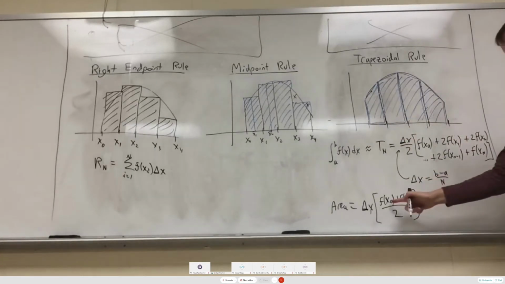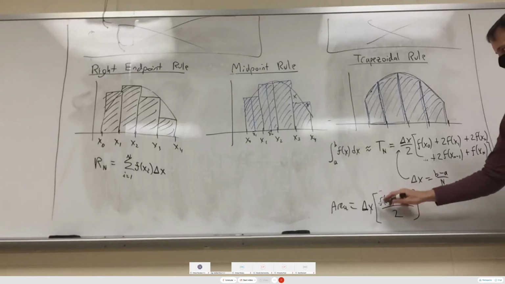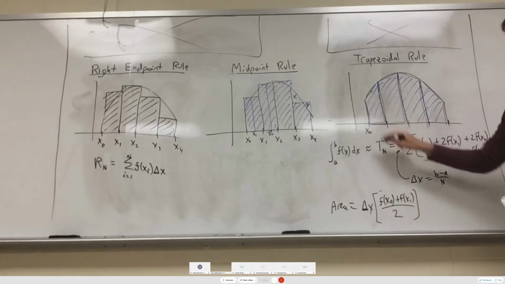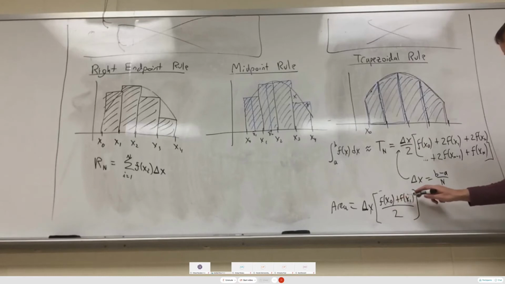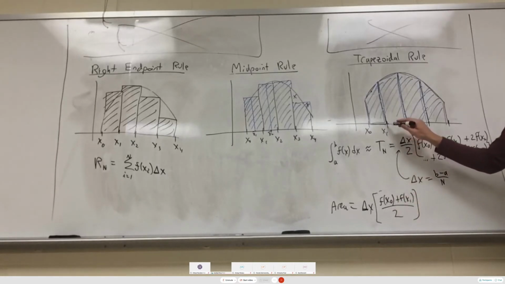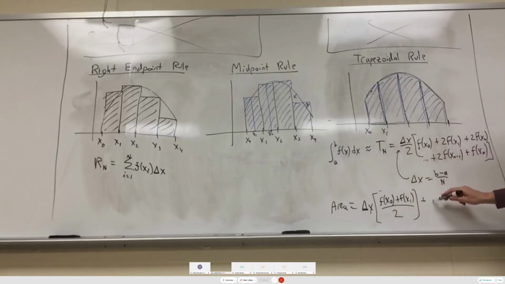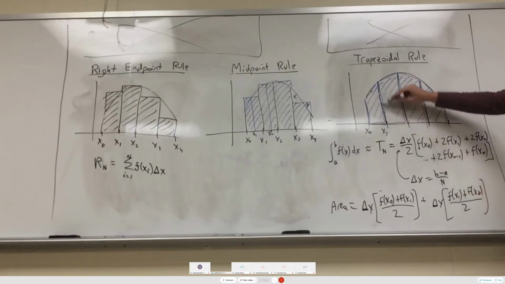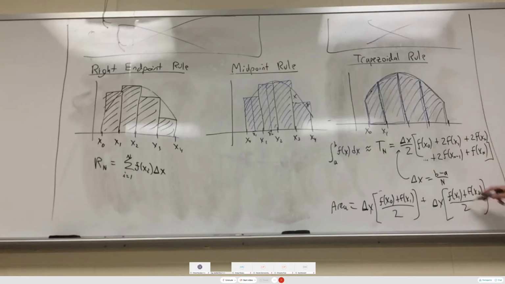Well, you'll notice we have half of the first endpoint, x0, and half of the x1 endpoint, but then the next term would be delta x times (f of x1 plus f of x2) over 2, right? This endpoint goes into making both trapezoids, so it gets double counted.